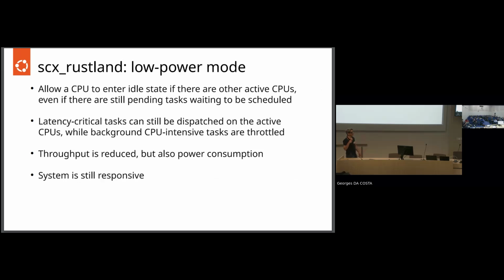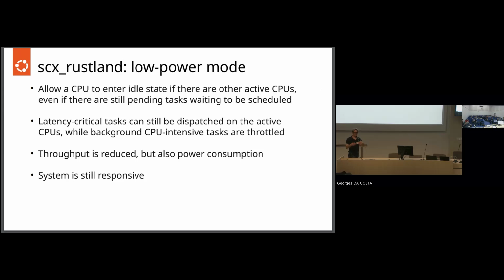There's also, I want to mention this quickly, a low power mode. I mention this just as a way to prove how easy it is to do experiments with Rustland, and sched_ext in general. This was literally done in one day, because there was actually a bug at some point where I wasn't using the whole CPU capacity.